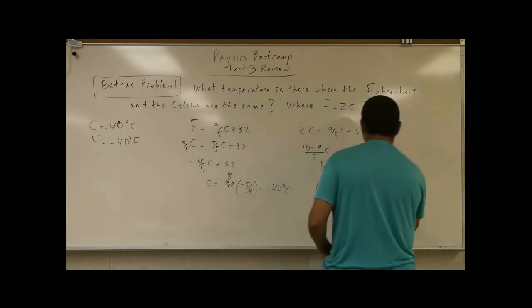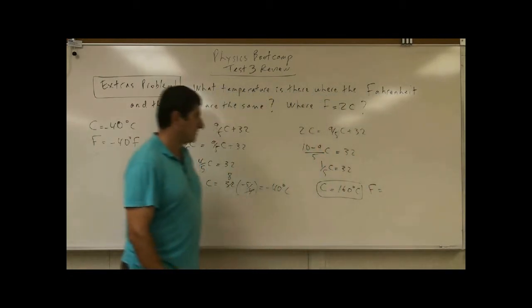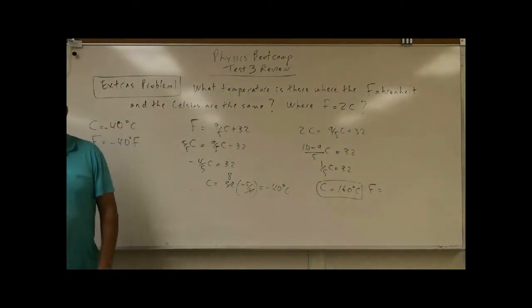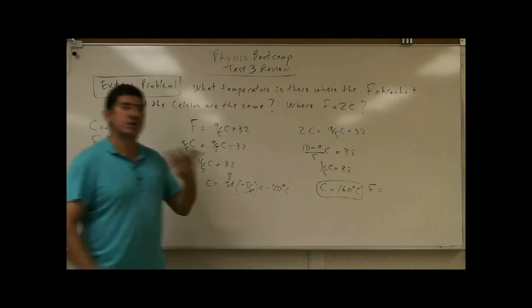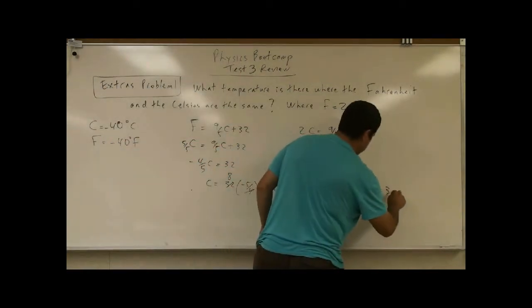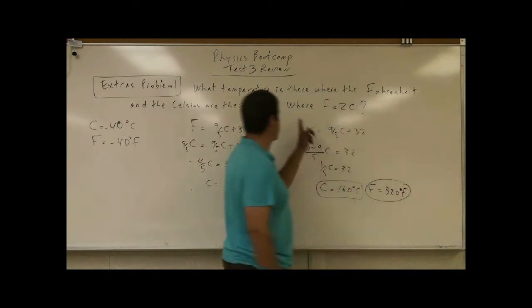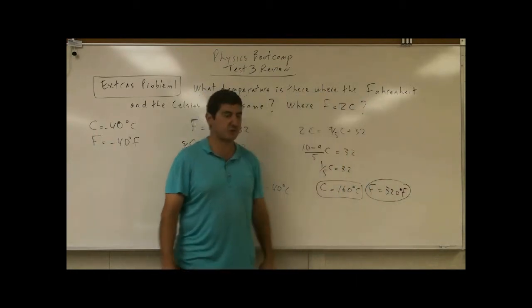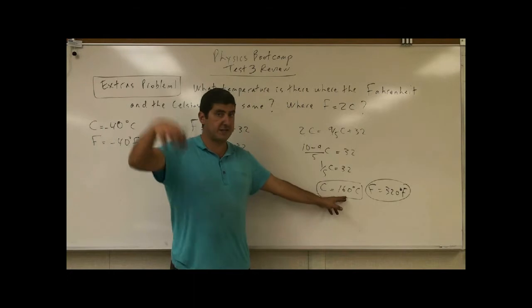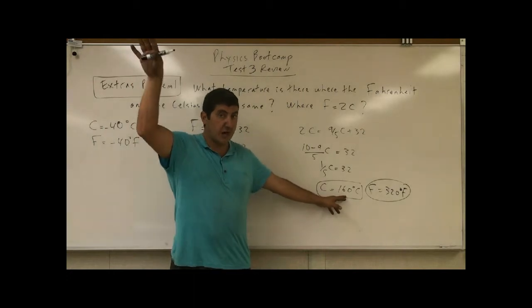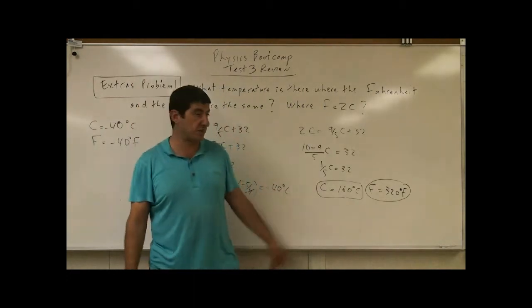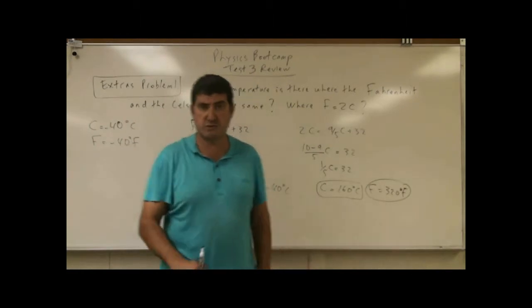So what will be the corresponding Fahrenheit? 160 degrees Celsius will equal 320 degrees Fahrenheit, because the Fahrenheit will be twice the Celsius. At that point, the Fahrenheit reading is much higher than the Celsius reading. This is beyond the boiling point of water.